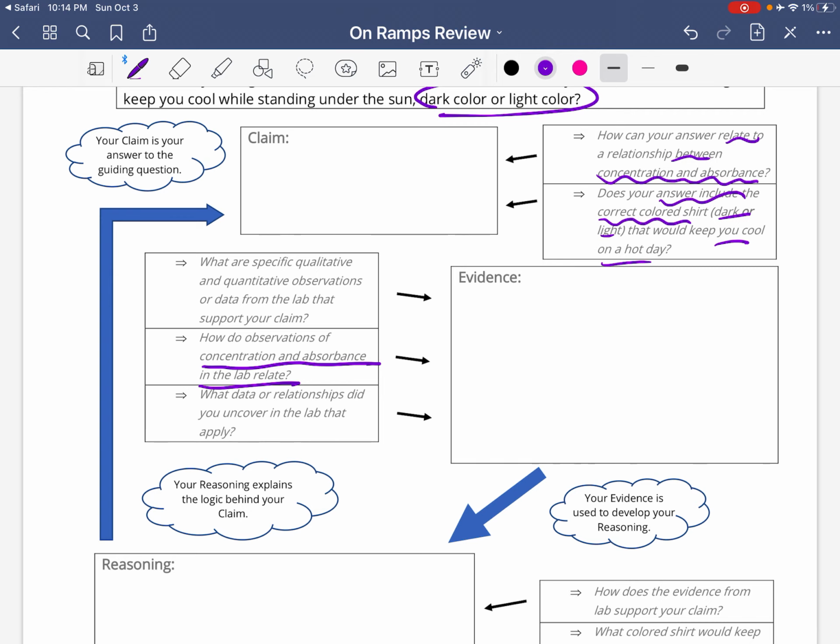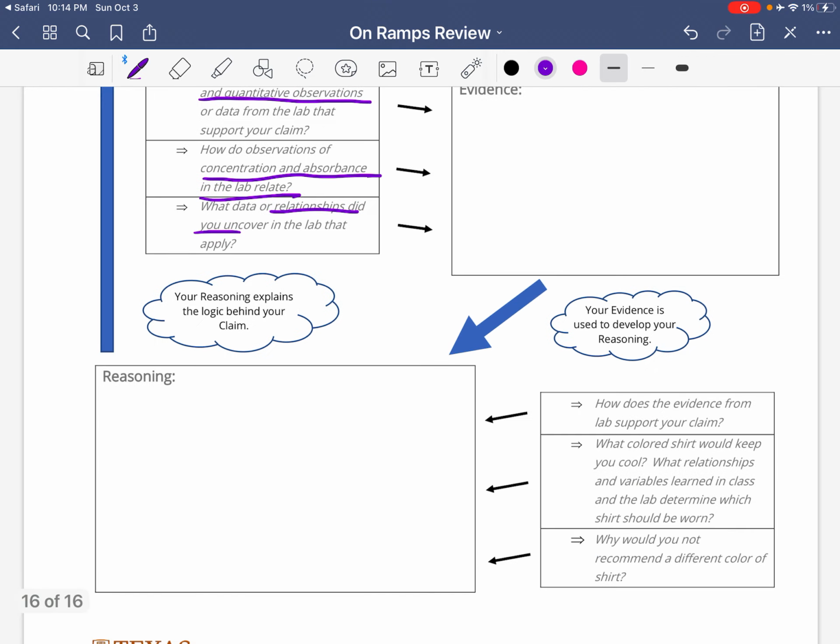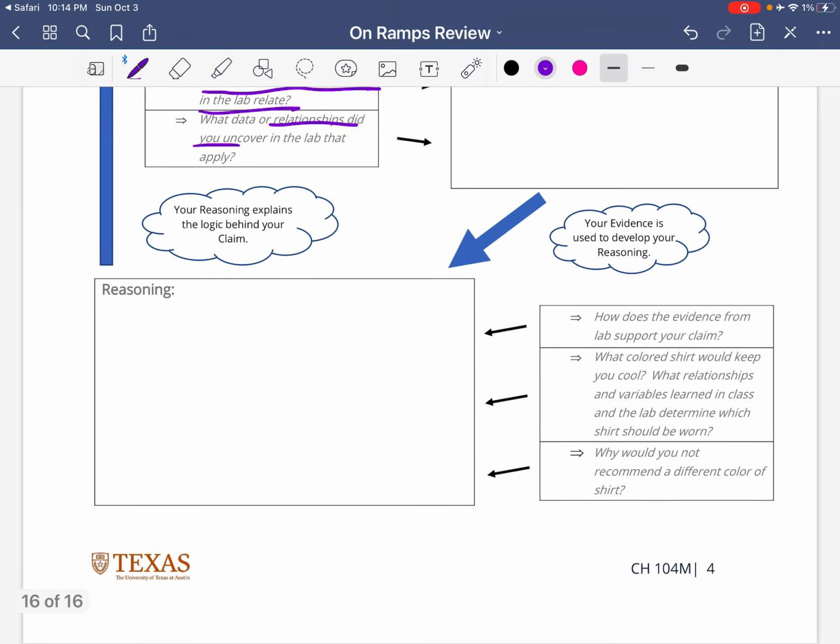What are some qualitative and quantitative observations that we saw to support our claim? So pull the data from the lab, put it there. What relationships did we uncover? We said, remember, when one decreased, the other decreased. That's a relationship. Okay?